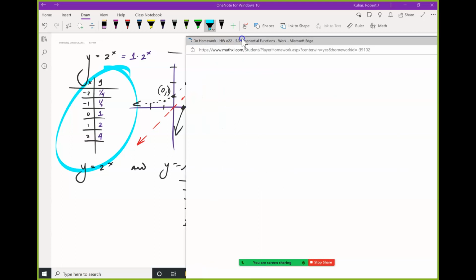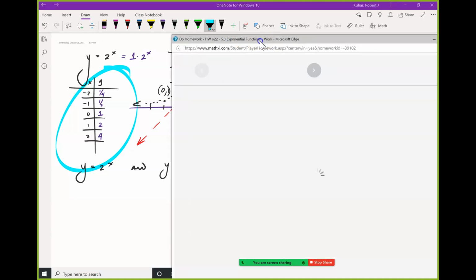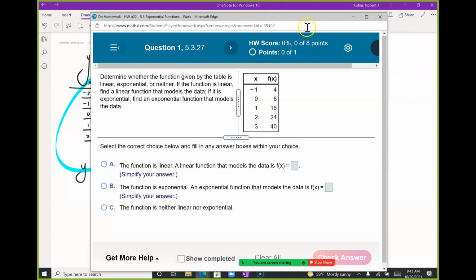So I'm just looking at a couple of homeworks. This is homework 22, section 5.3. After today, you should be able to do up to homework 22. So it's asking, is this thing linear, exponential, or neither?